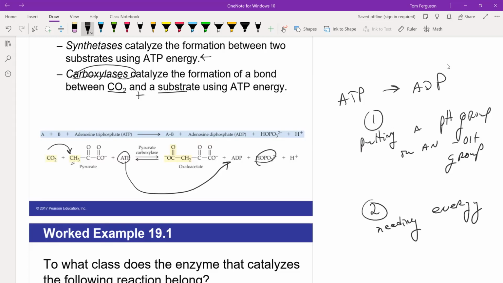And then when we go from ATP to ADP, we're releasing phosphoric acid from the ATP. So when we break that bond, it releases energy. Or we break the bond and transfer that phosphate group to another molecule like we did up there.